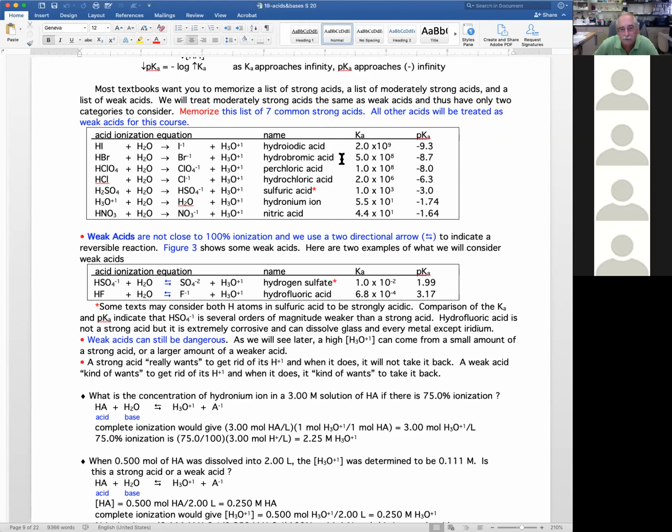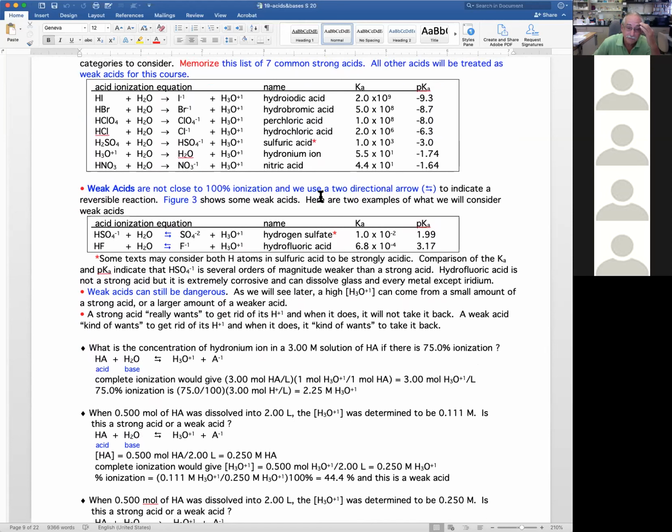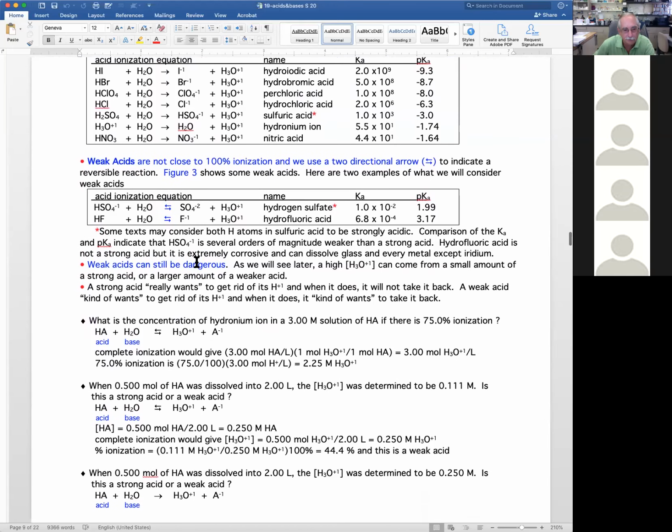All of these could easily be in the lab. For myself, I have nitric acid, sulfuric acid, hydrochloric, perchloric. I don't know if I have these anymore. So these are the strong acids. If it's not an acid from this list, then you treat it like it's a weak acid. So a double directional arrow, it does not go all the way to completion.